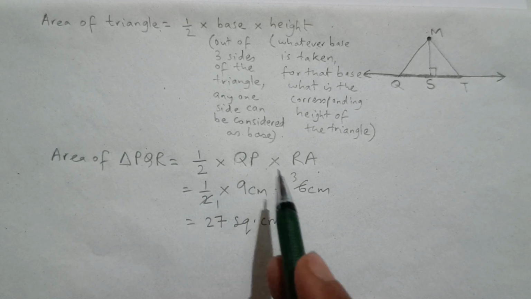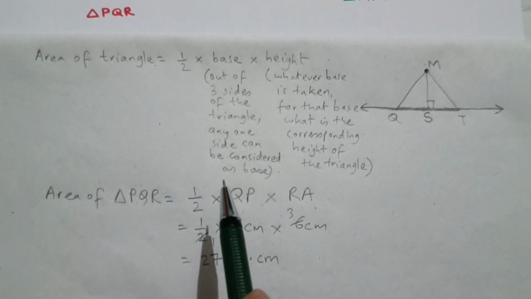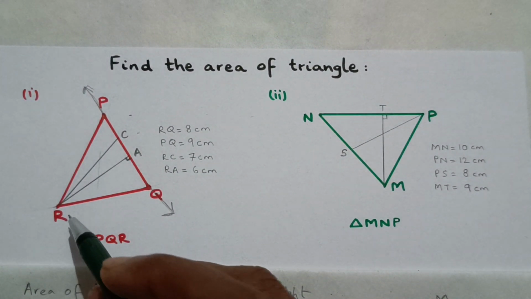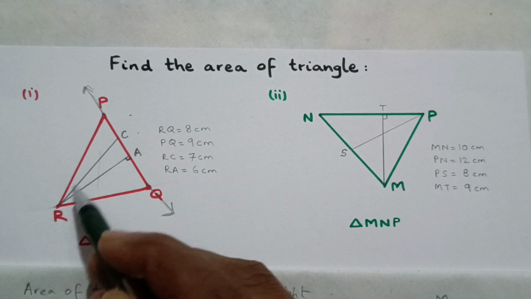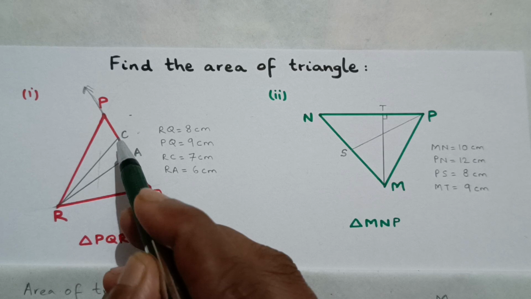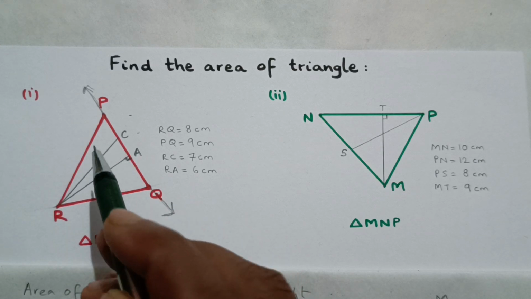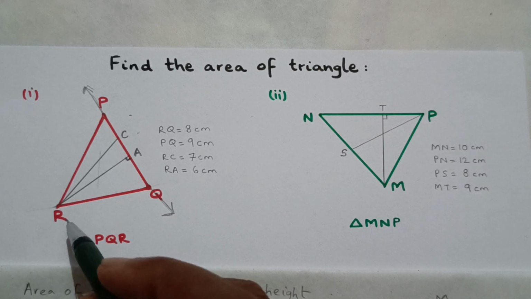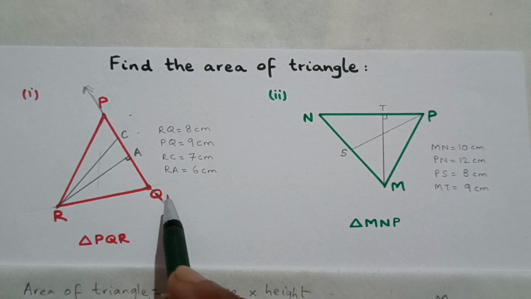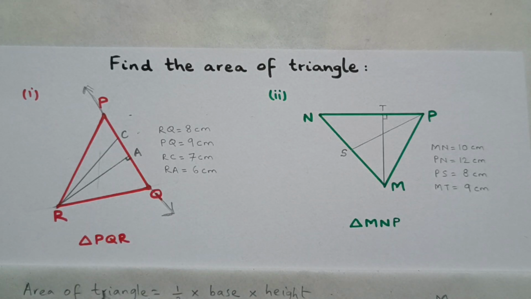So this is how you solve such kind of questions, by applying this formula. Now here you must be saying, what about RC? So what is this line segment RC? Now RC is just simply a line segment. It is not the corresponding height for QP. Why is it not the corresponding height for QP?